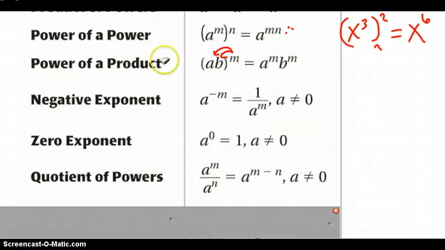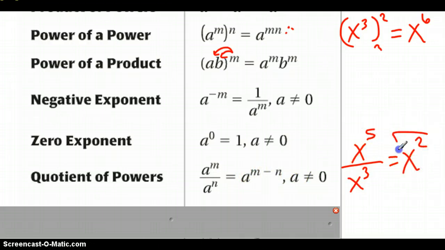So for example, let's say you have x to the 5th divided by x cubed. You subtract, and this is important, it's the top minus the bottom. So 5 minus 3 would be x squared.